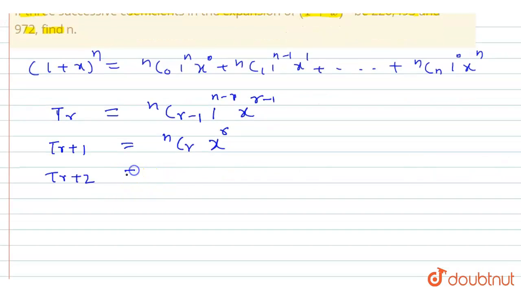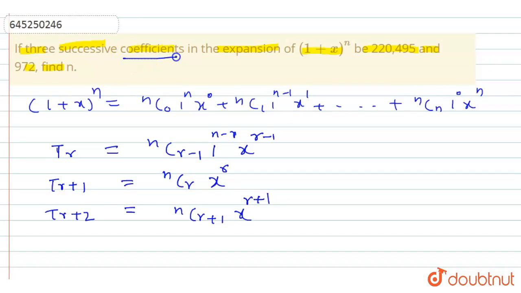The next term, tr+2, is nC(r+1) x^(r+1). But in the question we are given the coefficients in the expansion, and the values of the coefficients are 220, 495 and 972.